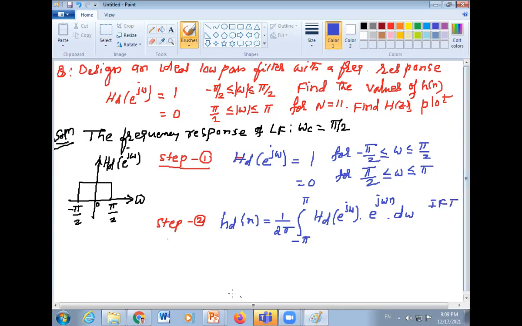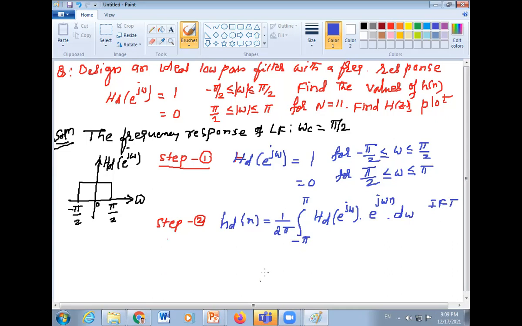Now in the given equation, the signal is present only for the values minus pi by 2 to plus pi by 2.